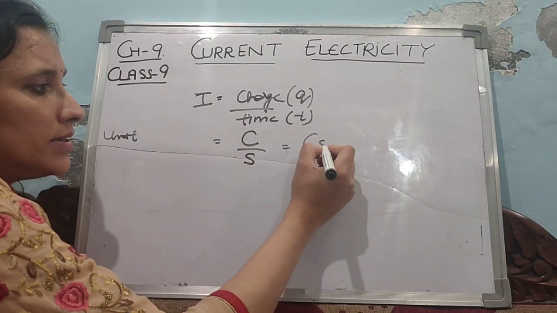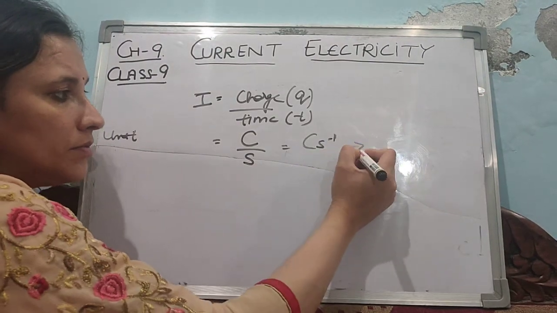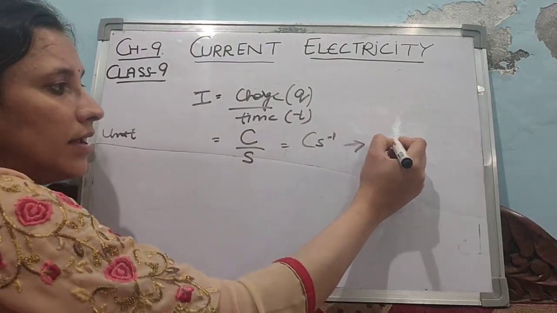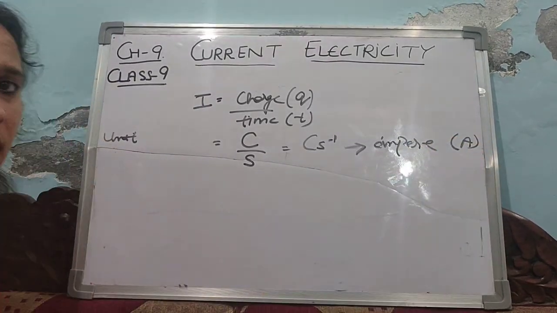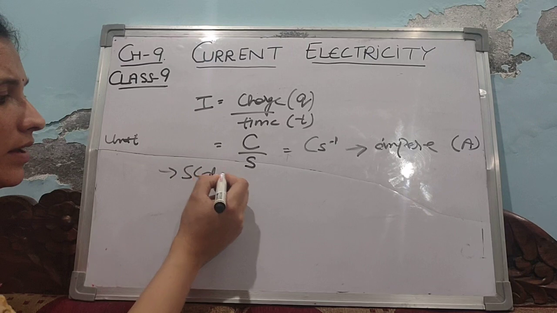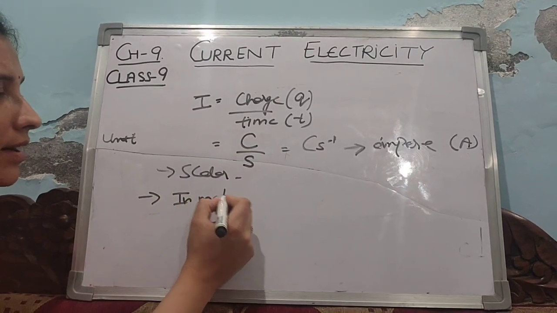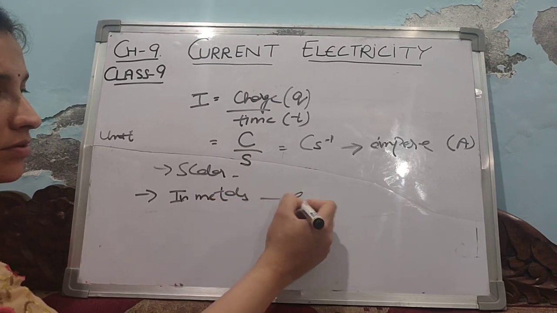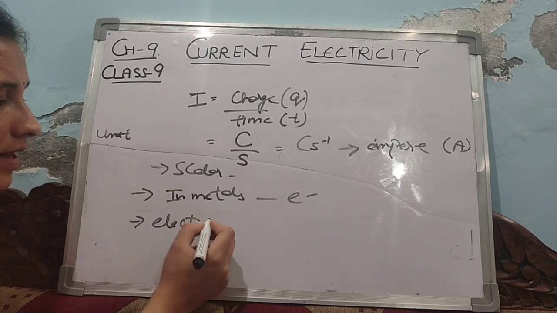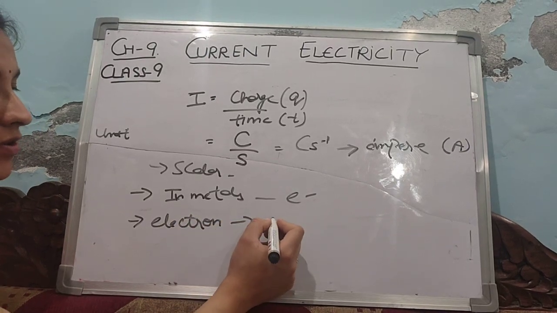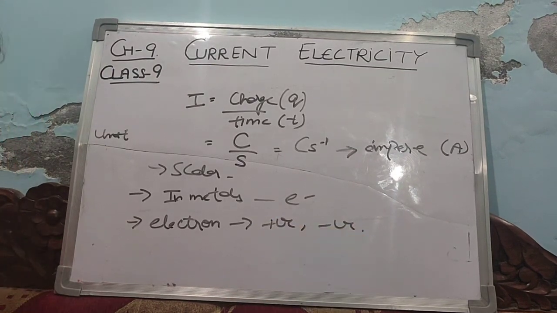So coulomb per second is the SI unit of current, and this coulomb per second is also known as ampere, after the name of a scientist, denoted by letter A. Current is a scalar quantity. Then in metals, electrons are responsible for constituting a current, and in electrolytes your cations and anions are responsible, your positively charged ions and negatively charged ions.